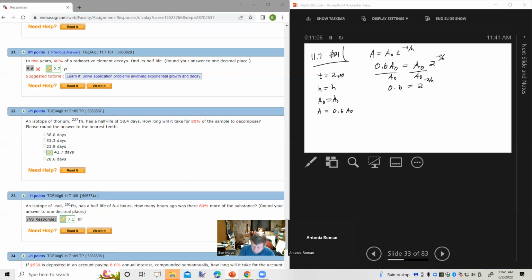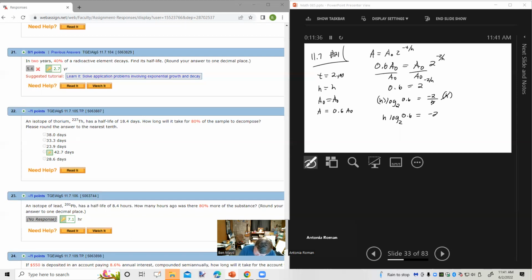Change it into a logarithmic equation. Log base 2 of 0.6 equals negative 2 over H. I'm trying to solve for H. H is in the denominator, so I'm going to multiply both sides by H, giving me H log base 2 of 0.6 equals negative 2.